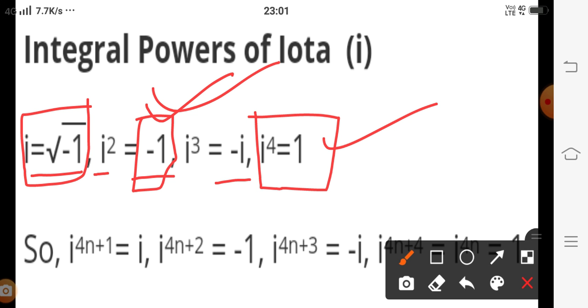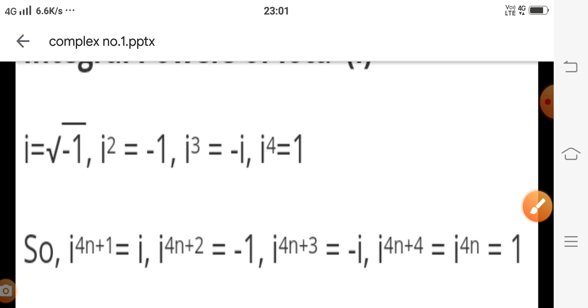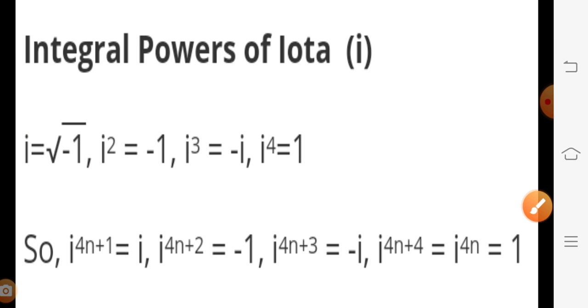And these four values you have to remember. i raised to power 1 is under root minus 1. i raised to power 2 is minus 1. i raised to power 3 is minus i. And i raised to power 4 is 1.